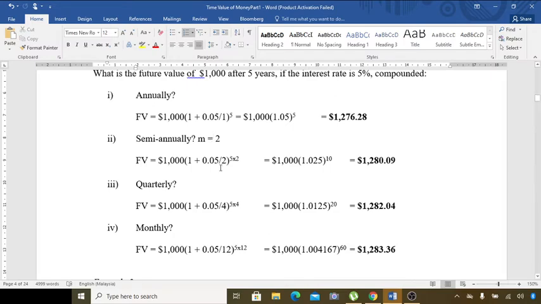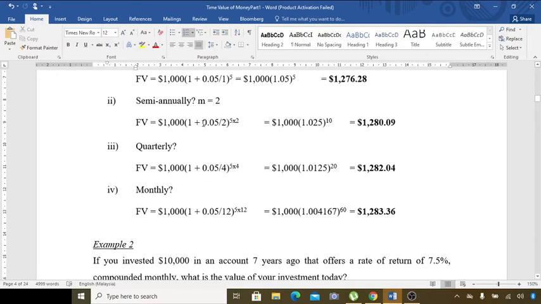Moving on, what if it is semi-annual compounding, where interest is compounded twice a year? So now your M becomes 2. So the figure in the bracket, J divided by M, becomes 0.05 divided by 2, and your exponent becomes 5 times 2. So 0.05 divided by 2 is 0.025, and 5 times 2 is 10, right? If it is simple, you can still do it in one go.